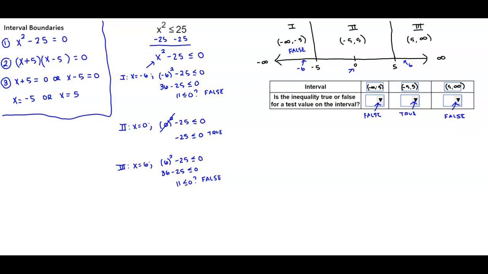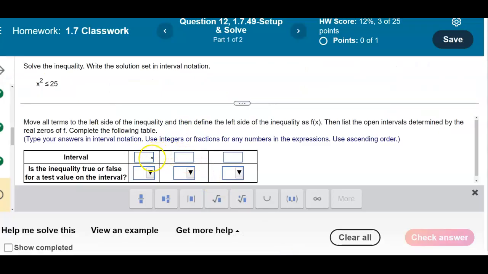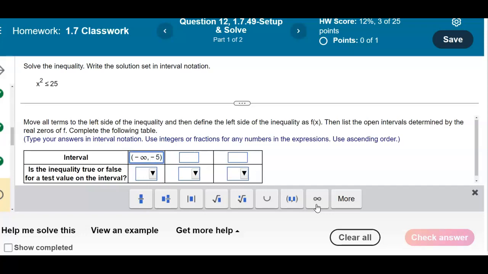Let's go ahead and put these answers in first. We have parenthesis, negative infinity, comma, negative 5 for the first one. Then we have parenthesis, negative 5, comma, positive 5, with the parenthesis.